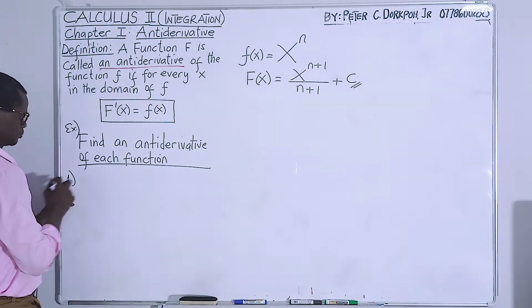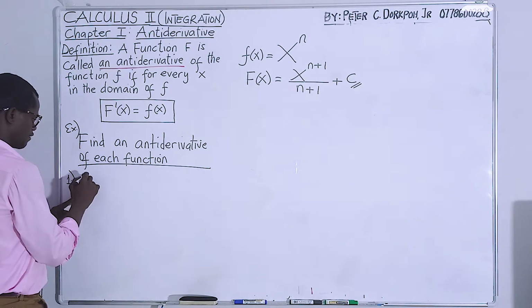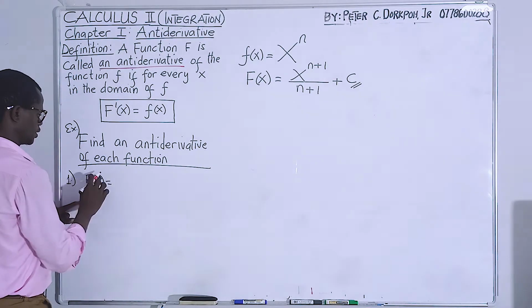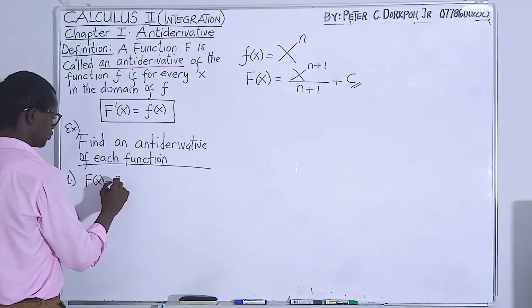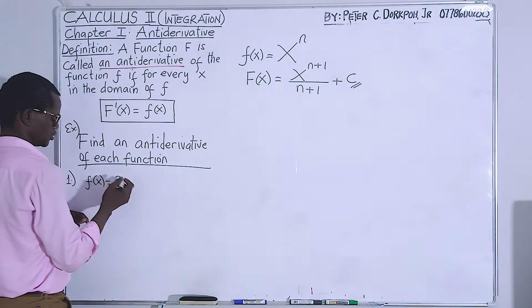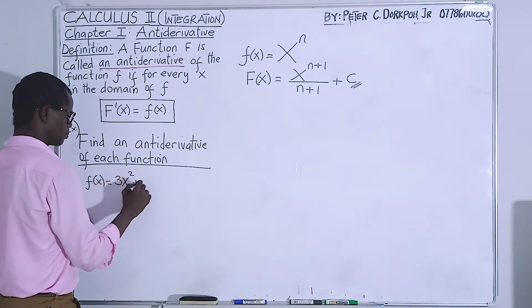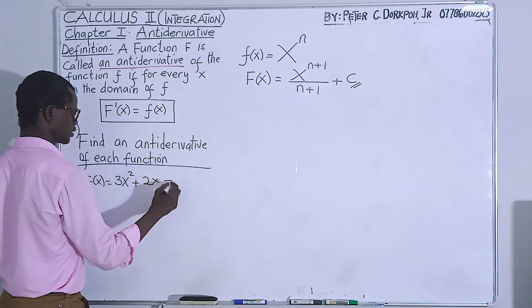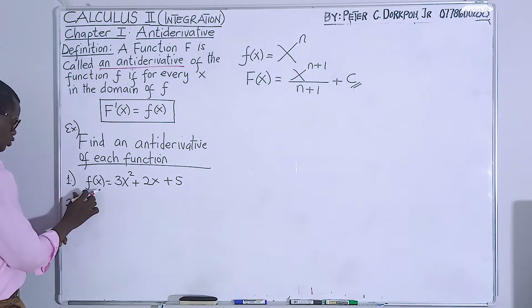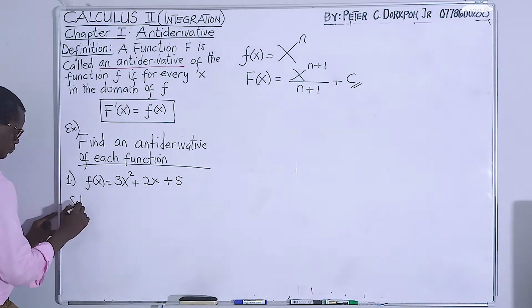The first one: we have f of x equal to 3x squared plus 2x plus 5. So we solve this first one.